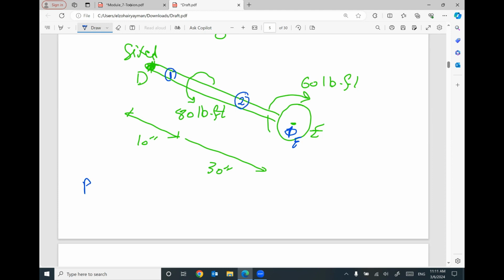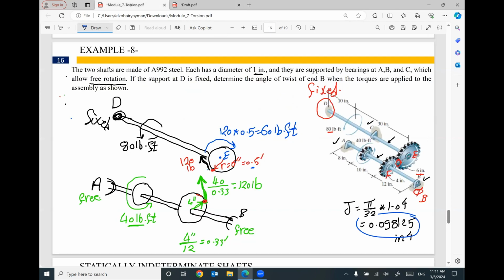For part number 1, the length equals 10 inch, the J equals the same value, 0.098125. The value of G, because we are using the same material, is not given, but I can assume it, 11 times 10 to power 6 psi.